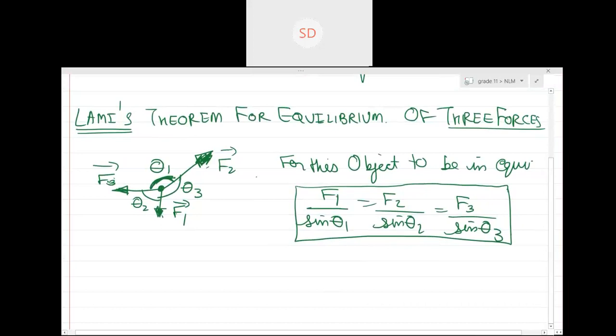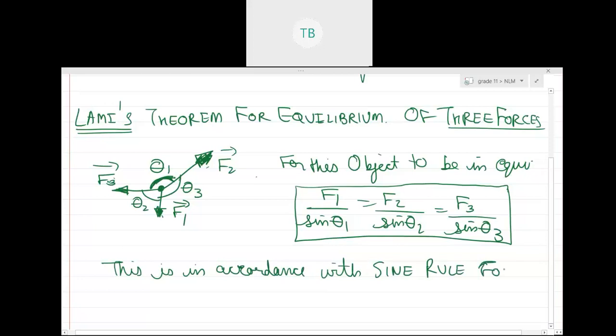Now F1 upon sine theta 1 is equal to F2 upon sine theta 2 is equal to F3 upon sine theta 3. This is in accordance with the sine rule for triangles.